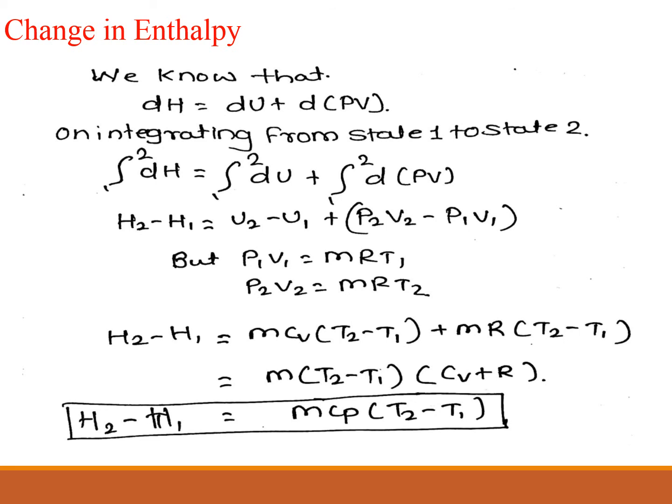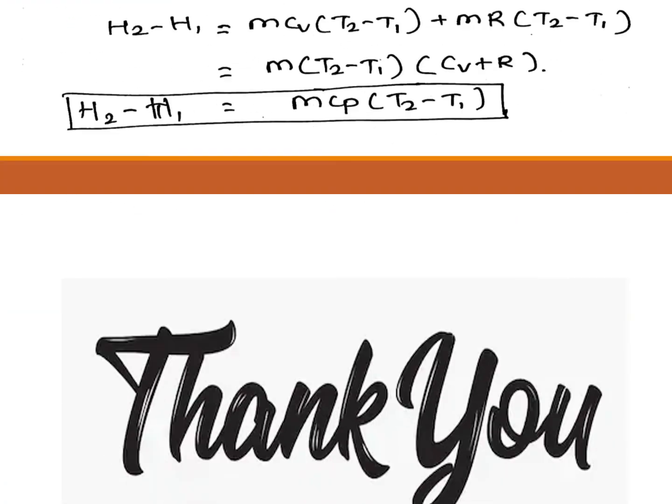This is the characteristic gas equation. So by using the characteristic gas equation and the internal energy equation, we get H2 minus H1 is equal to m Cv (T2 minus T1) plus mR (T2 minus T1). By simplification we get m Cp (T2 minus T1). Thank you.